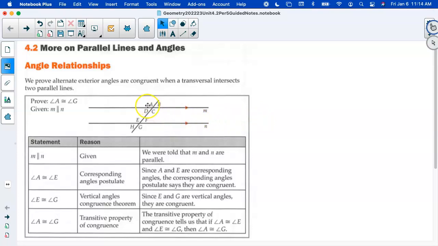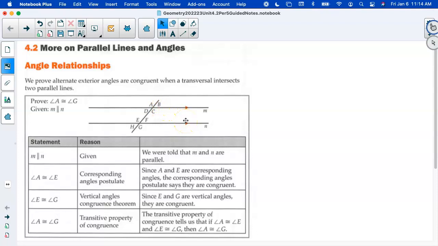So if you notice, angle A matches angle E. They're in the exact same position, but on a different line. Look at angle B. It's to the right of the transversal, above the line. Angle F is to the right of the transversal, above the line. They are corresponding angles. And then you know vertical angles are equal.